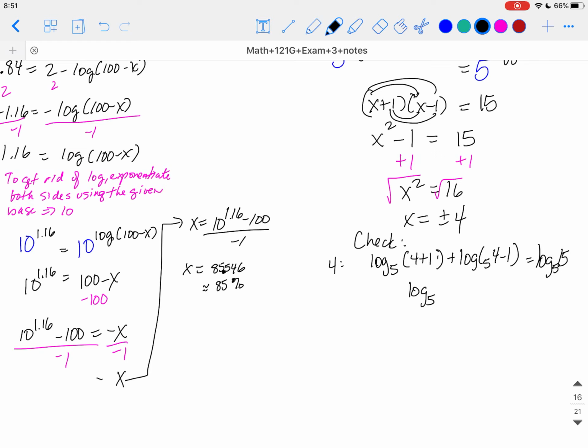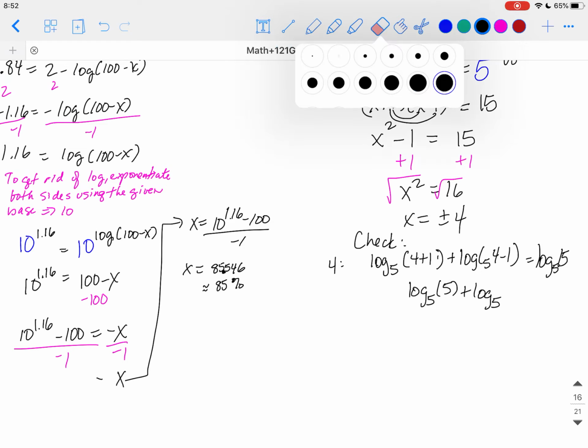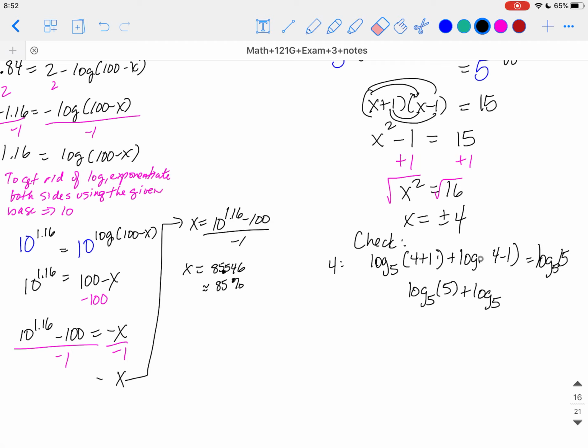Well, without using the calculator, log base 5 of 4 plus 1 is 5. Plus log base 5, this 5 should be on the outside. Let me fix this. Log base 5 of 5 plus log base 5 of 3 is equal to log base 5 of 15.